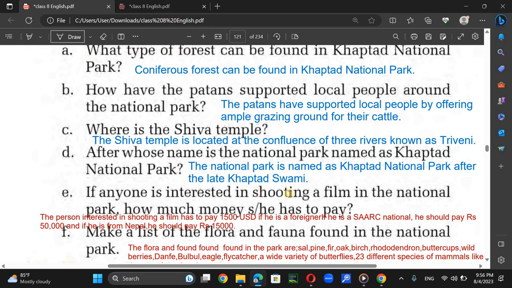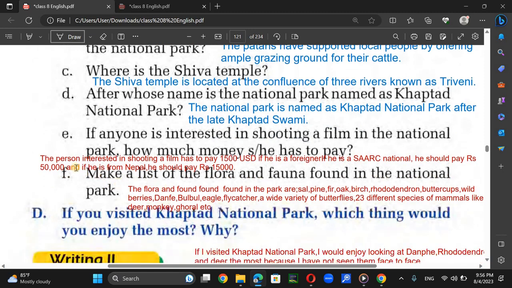Now, if anyone is interested in shooting a film in the national park, how much money does he or she have to pay? Anyone who is interested in shooting a film in the national park has to pay $1,500 American dollars if the person is a foreigner.